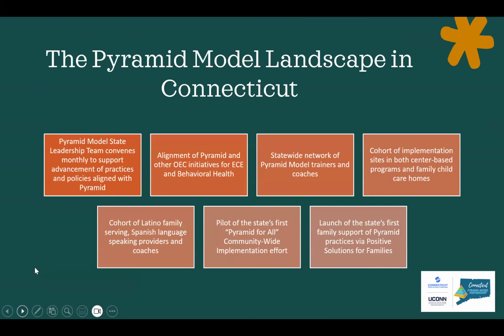Okay, now a little bit about the Pyramid Model landscape in Connecticut and how you can get involved. At the state level, there is a state leadership team that convenes monthly to support the advancement of practices and policies aligned with Pyramid. That includes members that are part of the training and coaching network, that are part of implementation sites, that are at key agencies, including OEC and the Department of Education, for this work.